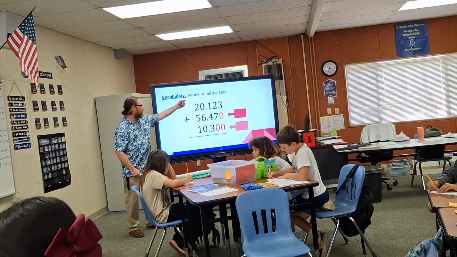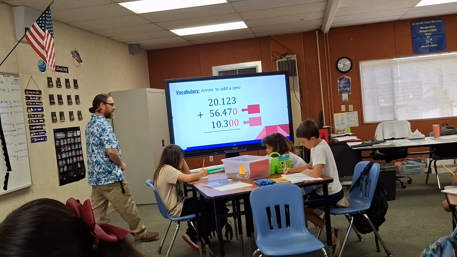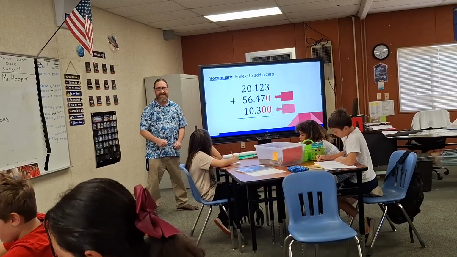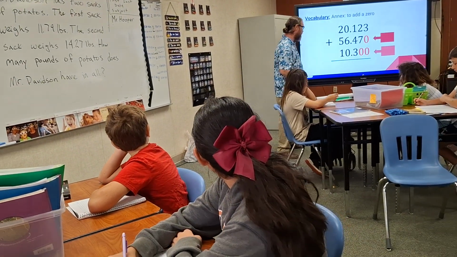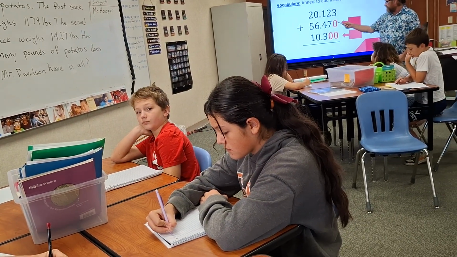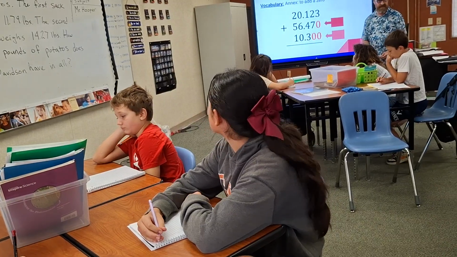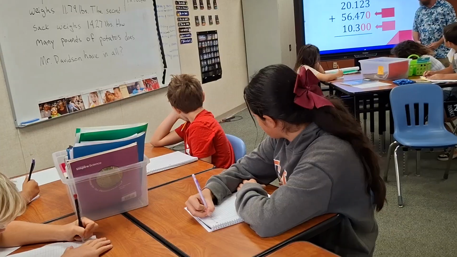This is the proper term for zeros as placeholders. I'm going to annex some zeros into this place value spot on my math problem. So for example, the red zeros are the zeros that have been annexed in this problem.